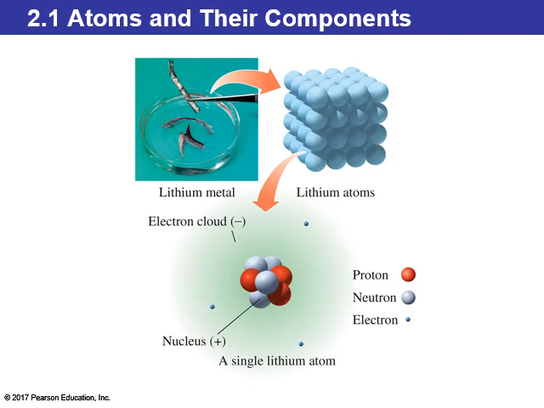So this figure shows us what happens when we zoom in down to the atomic level and then down to the subatomic level, what things would look like. So lithium metal is one of our alkali metals in the first column or group of the periodic table of the elements. And if you zoom down in on this, all of the lithium atoms are smushed next to each other.